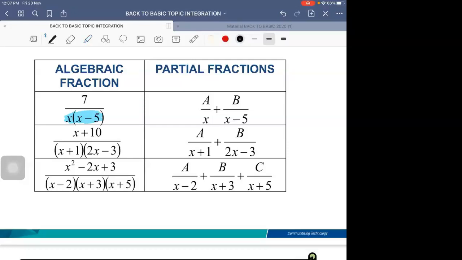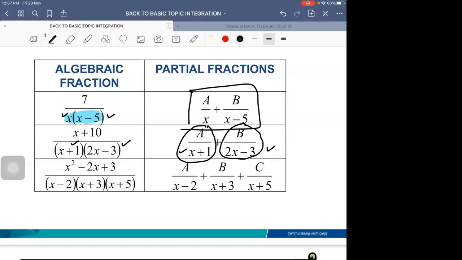For example, here you have linear multiplied with linear. So this should be your partial fraction form. You have linear factor multiplied with linear factor, which means you must have two fractions. One belongs to the first linear factor, and then you must add another fraction over the second linear factor.